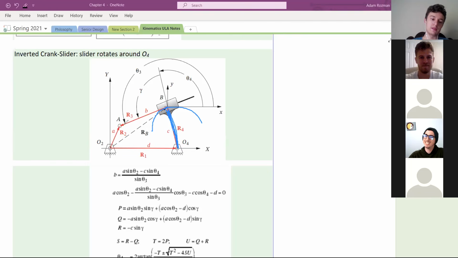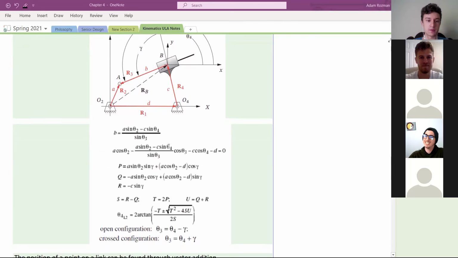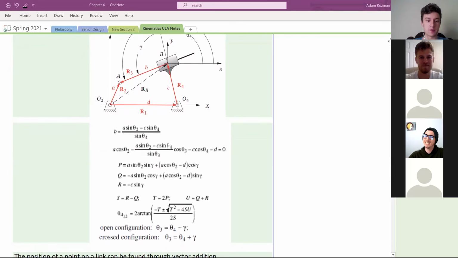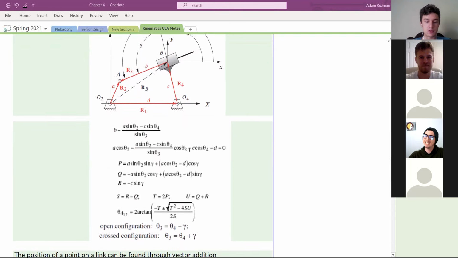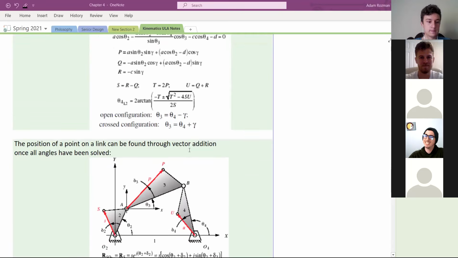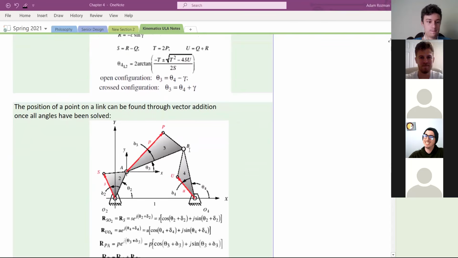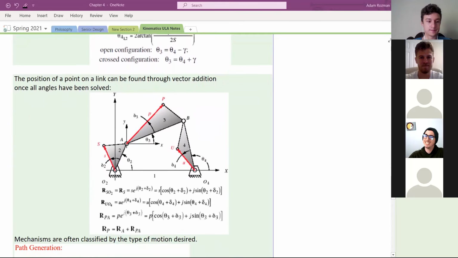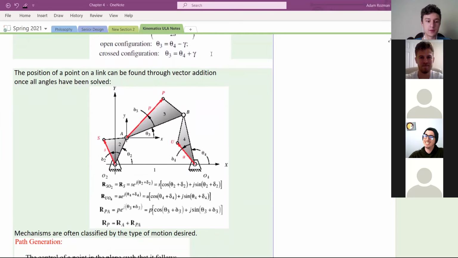So the link B is going to be rotating, so it's always like 90 degrees with the slider. This kind of has its own equation for finding the angles. I guess usually you'll be given your theta 2 again, and then you're just solving theta 4 and theta 3.